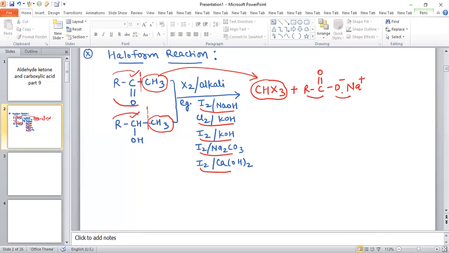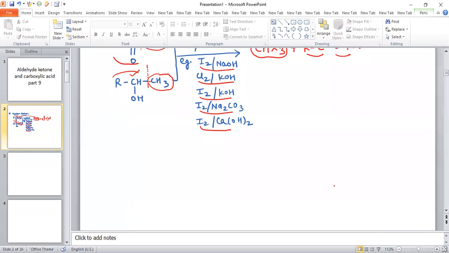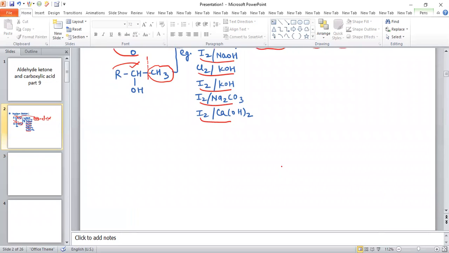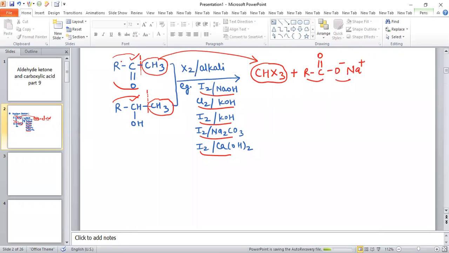You can also see the mechanism of this reaction, so I am going to discuss it. First I am talking about this R group.